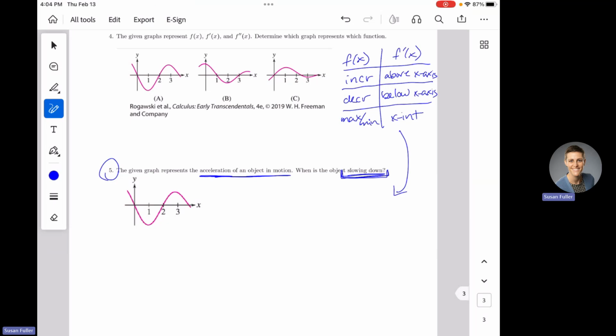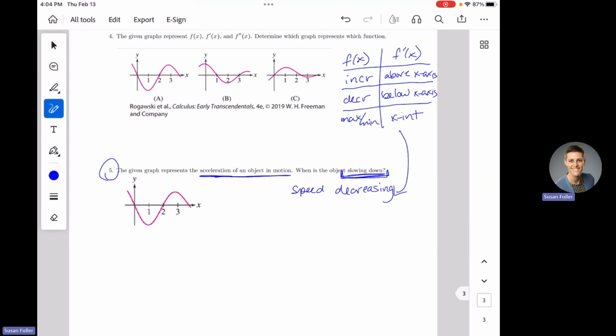It means the speed that you're going at goes down over time. That's what slowing down means. Your speed is going down, so your speed is decreasing. I want to know when the object's speed is decreasing.